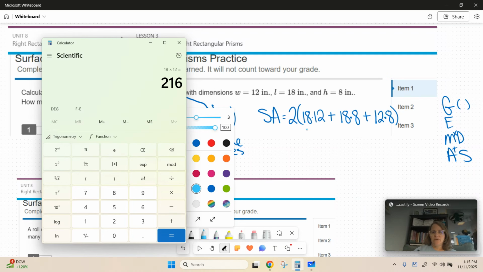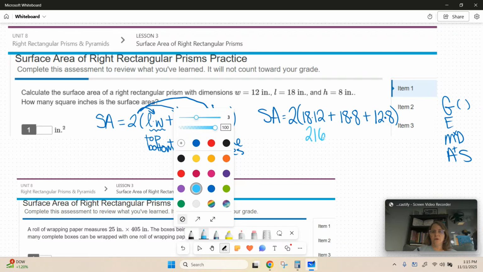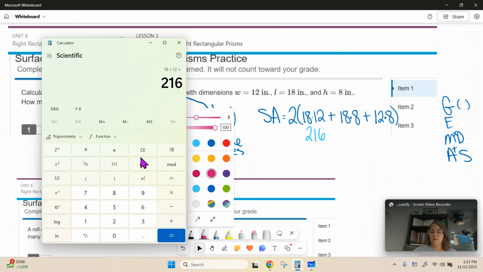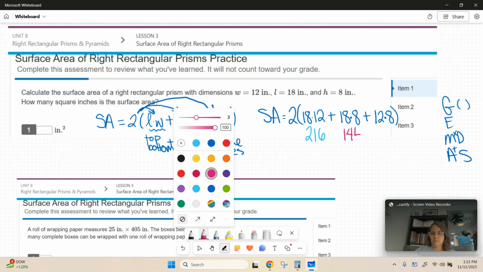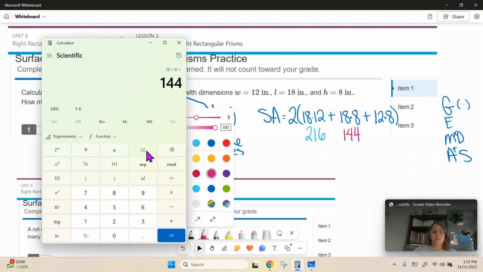So I get 216 for 18 times 12. Let's do 18 times 8. 144. And then 12 times 8, 96.